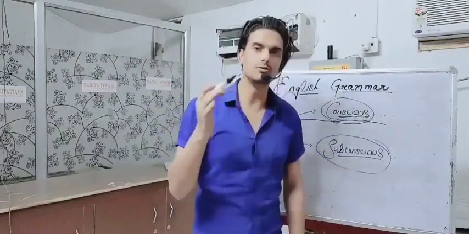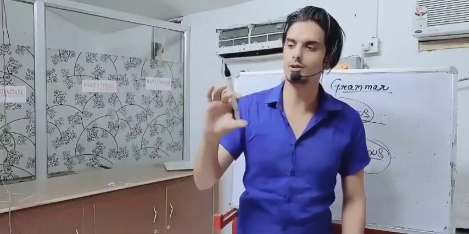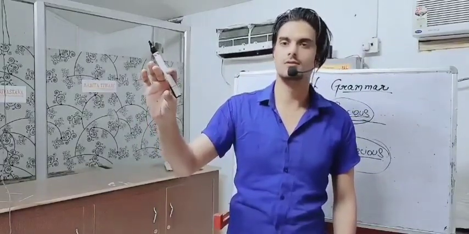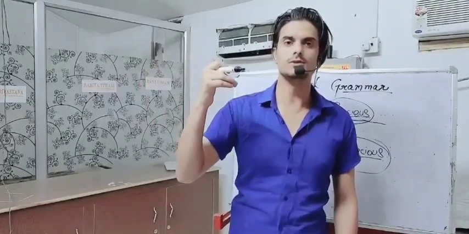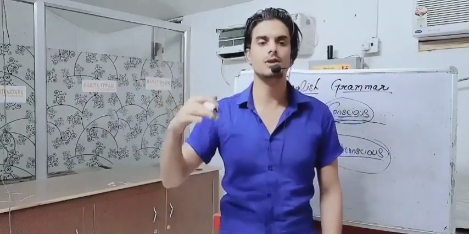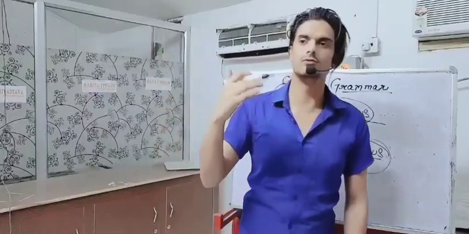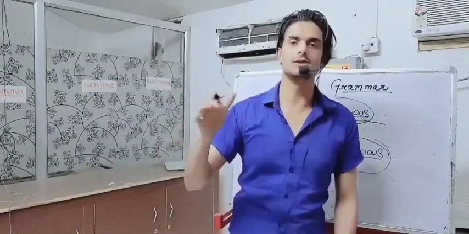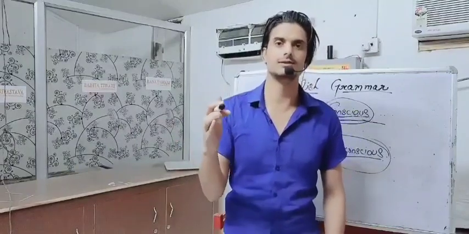That means you don't willingly remember the name of the brand, but in your subconscious mind, it will remain. So next time, maybe when your friend asks you, what was the name of the street that we went to last time?